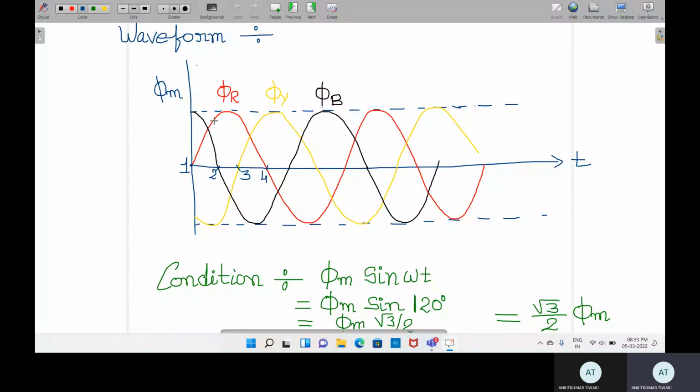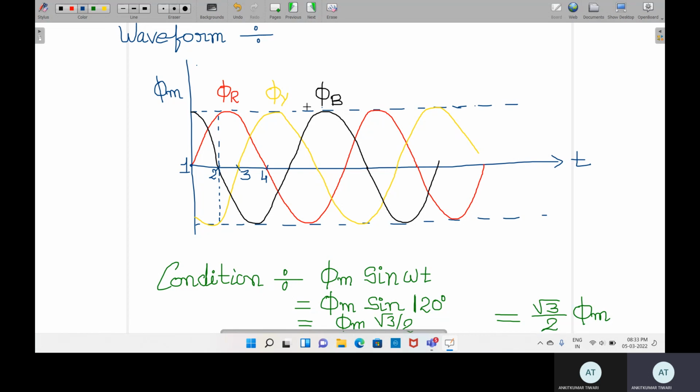Now we will see instant 2. At instant 2, our phi b is 0. Flux phi b is 0, flux phi r is positive, and flux phi y is still negative.